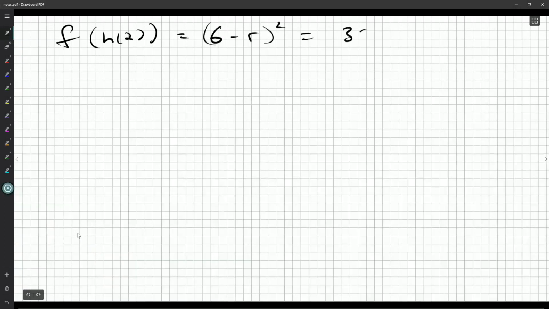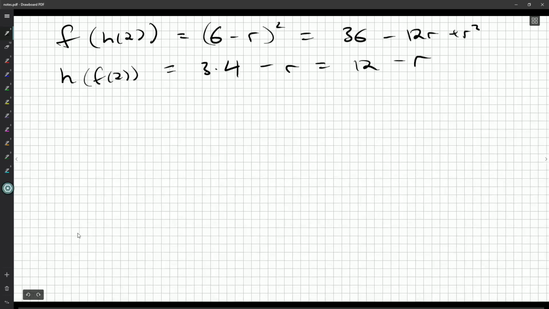And now f of h of 2 is going to be 6 minus r, squared. So that's going to be 36 minus 12r plus r squared, and h of f of 2 is going to be 3 times 4 minus r, so 12 minus r.